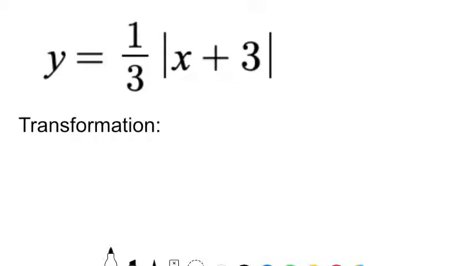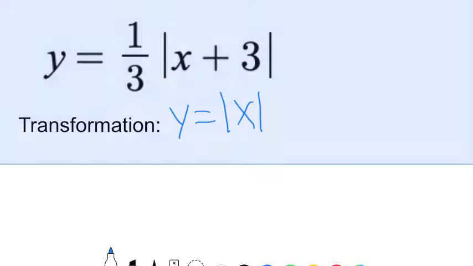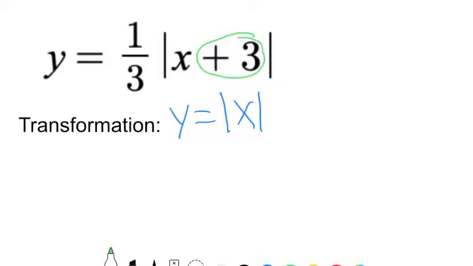And then lastly, our parent function is absolute value again. On the inside, we have plus 3. Inside is disobedient. We're affecting the x's. Instead of going to the right for positive, we're going to go to the left. Again, because it's inside. So we're going to go left 3.